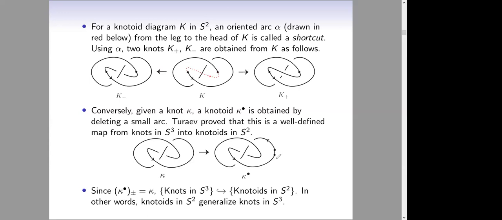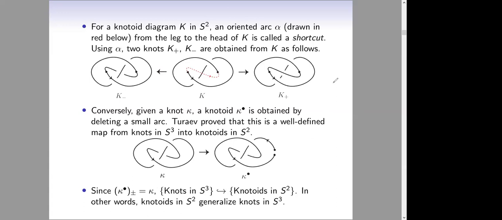If you add this to the diagram, you will obtain kappa back. So what that means is that this map is injective. So that shows that the knots in S3 inject into knotoids in S2. So that's the explanation of how knotoids in S2 generalize knots in S3.